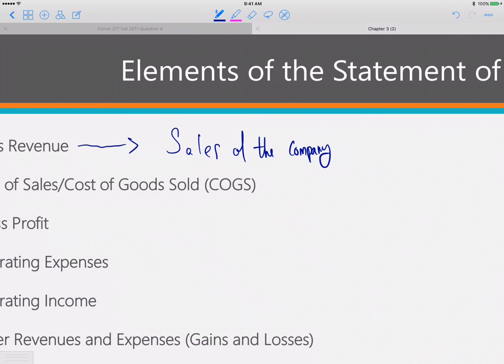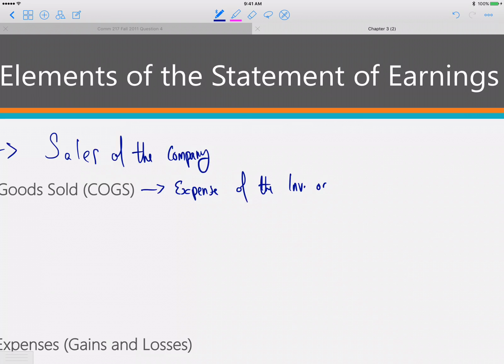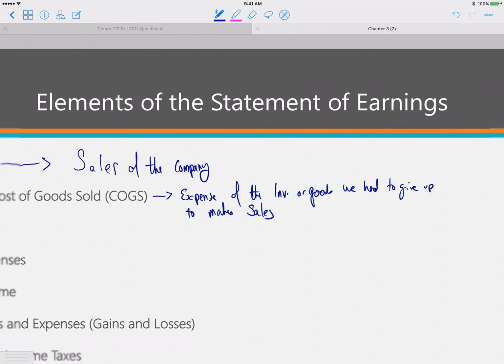As you may recall, this is the expense of the inventory or goods we had to give up in order to make sales.